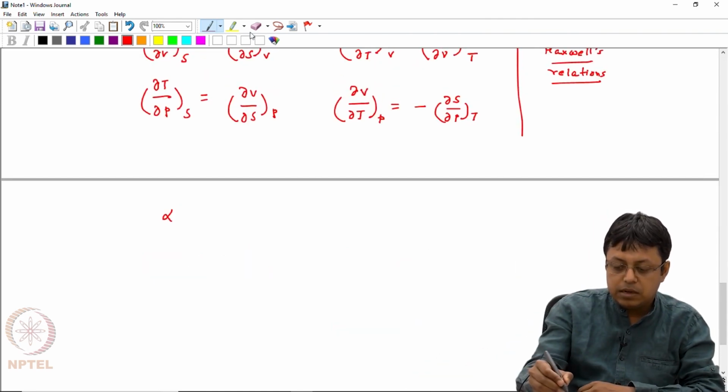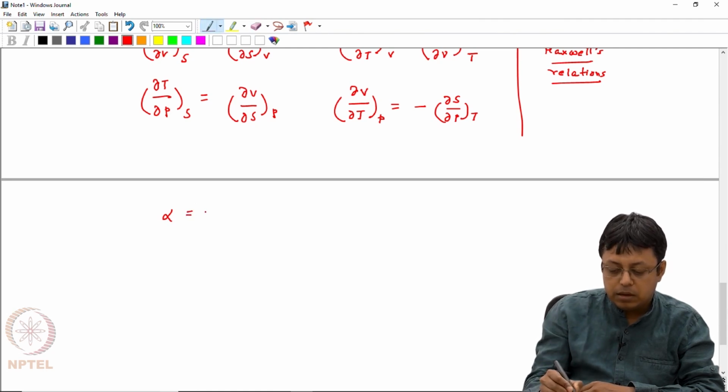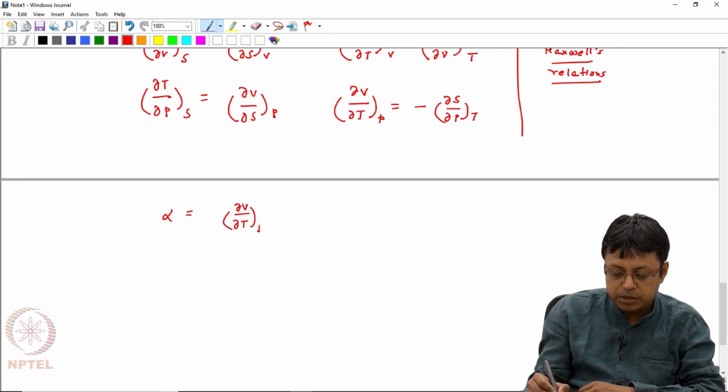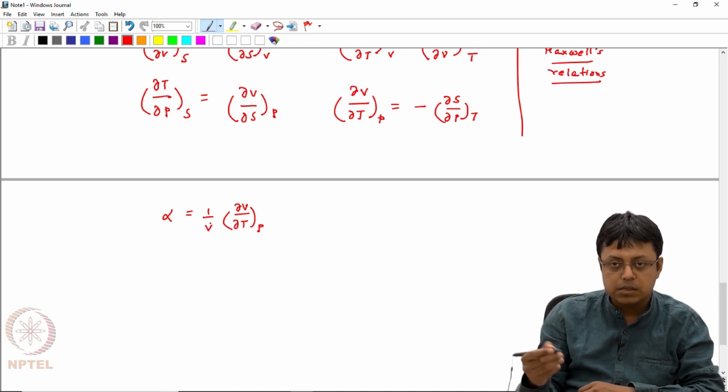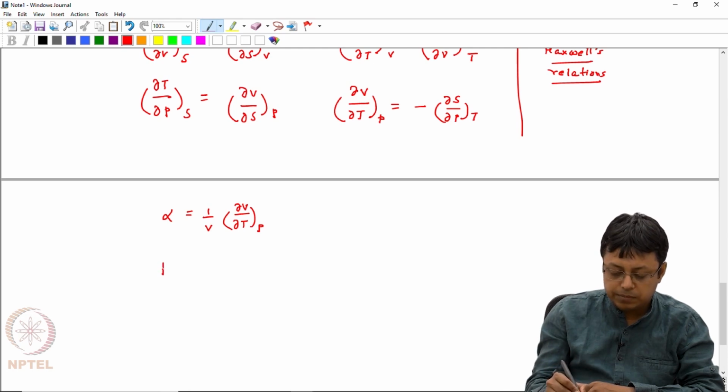So alpha is defined as the coefficient of thermal expansion. Now thermal expansion means as I increase the temperature, how the volume is changing. So it will be (del V/del T) at constant pressure, and it is per unit volume, because otherwise alpha will depend on volume. So that is the definition of alpha.